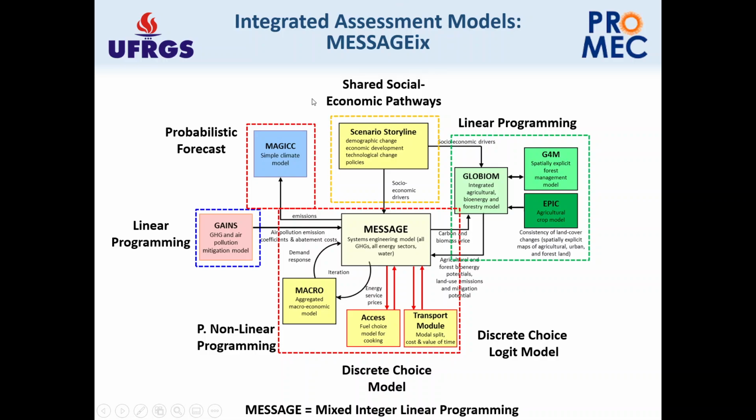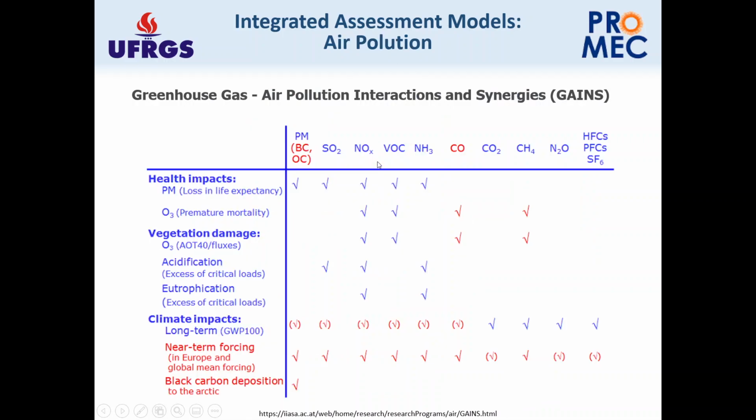And then you have the shared socio-economic pathways, which is input data for MESSAGE showing how much people will demand energy, how much food is going to be demanded, how much area is required, for example, for plantation, and what the size of the population of the country is. Population will increase or reduce.